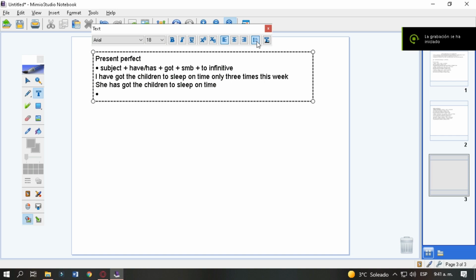For a negative sentence in the present perfect, we are going to need subject plus have or has plus not plus got plus somebody plus the verb in the infinitive.